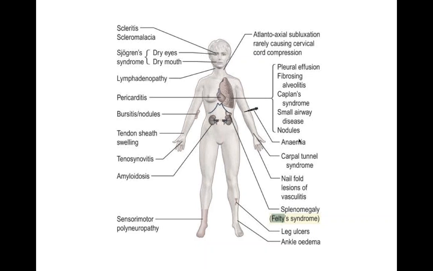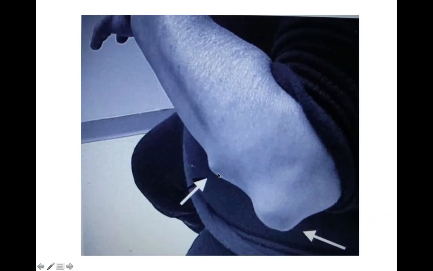These extra-articular manifestations of rheumatoid arthritis indicate that the patient has a very aggressive disease. The patient will have rheumatoid nodules, as you can see here, extra-articular manifestations, and a very high titer of rheumatoid factor. Also anti-CCP antibodies are positive.